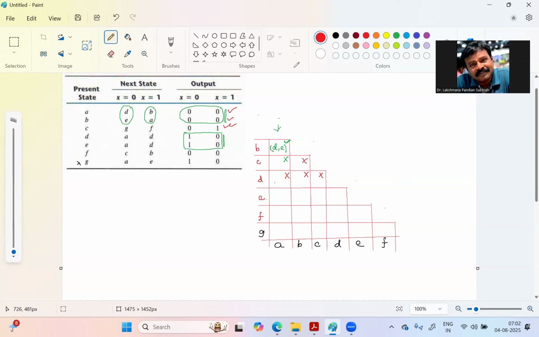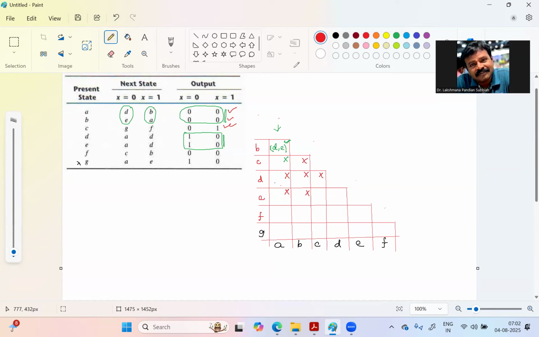Next, AE. A and E also have different outputs. Then BE also has different outputs.